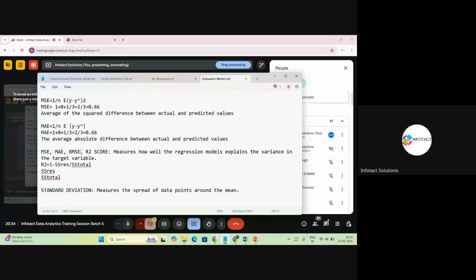This is the square root of mean square error. It is interpretable in the same units as the target variable. It is more sensitive to large errors compared to mean absolute error, and it can be influenced by outliers.